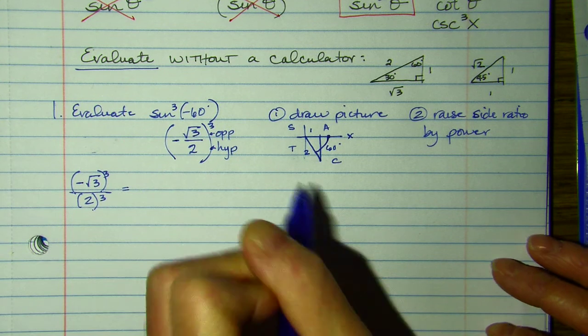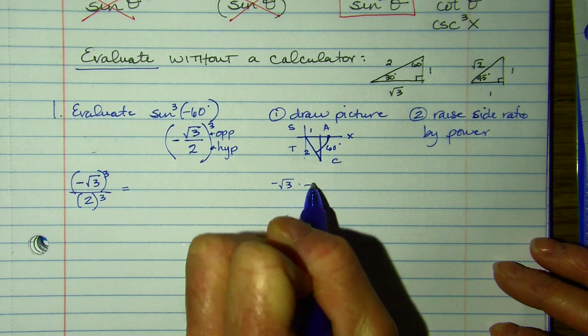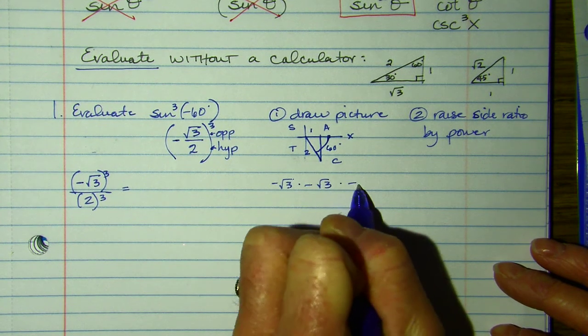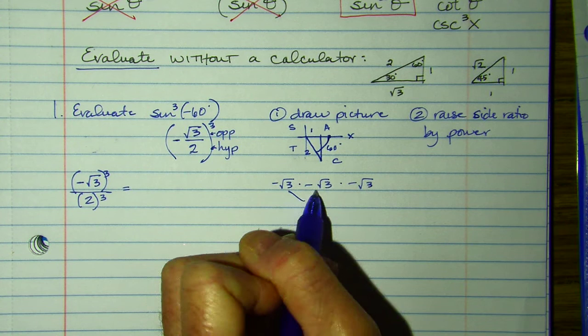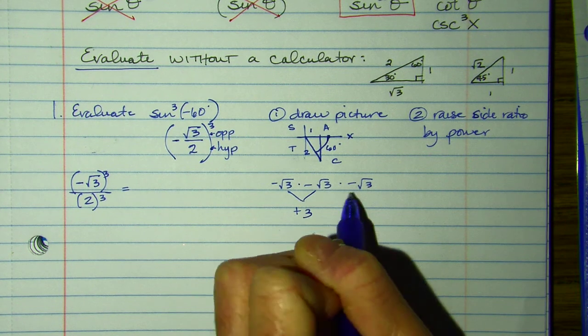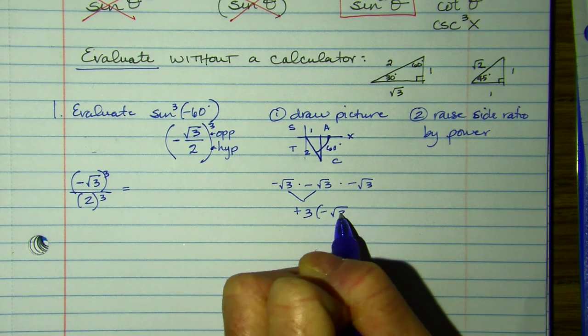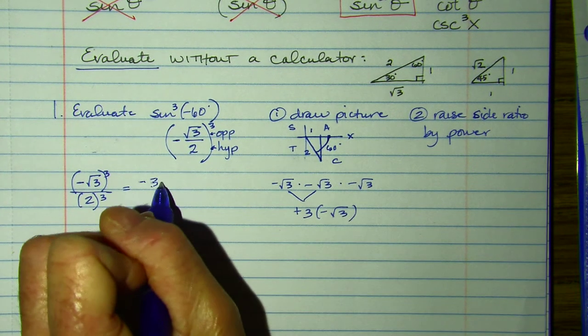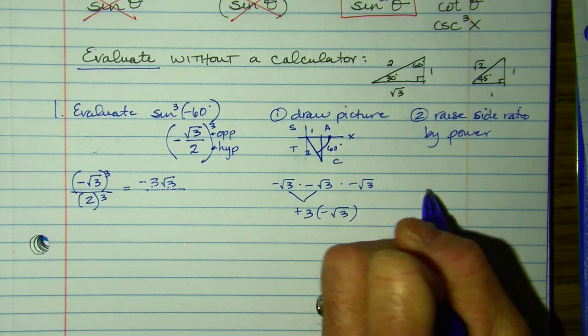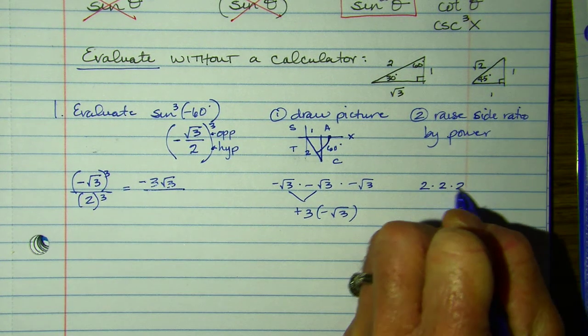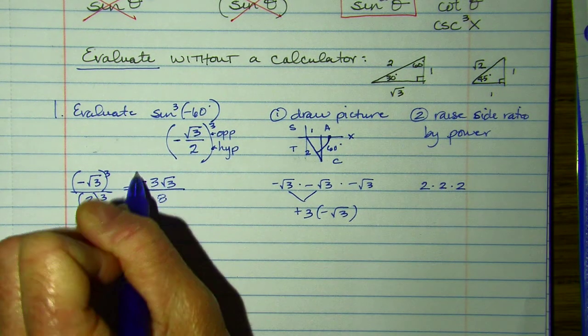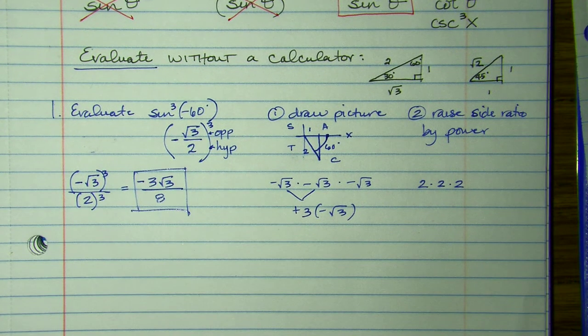Negative root 3 times negative root 3 times negative root 3: the first two give me positive 3, and then this gives me negative root 3. So I get negative 3 root 3 over 2 times 2 times 2, which is 8. Okay?